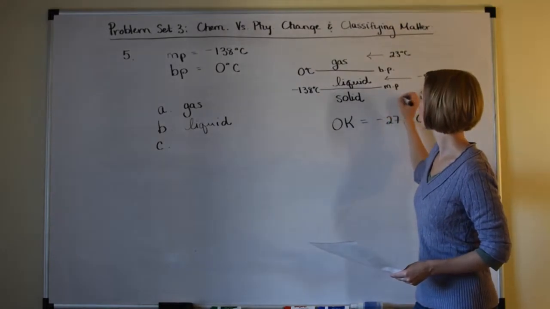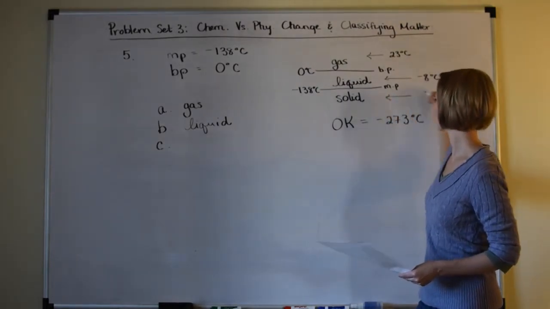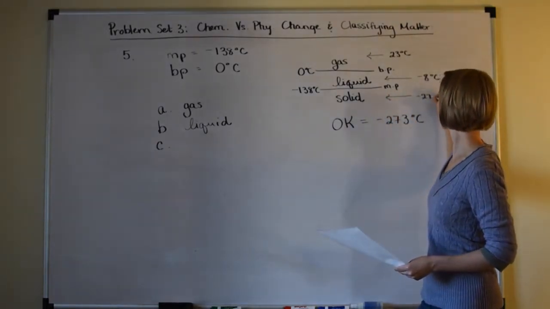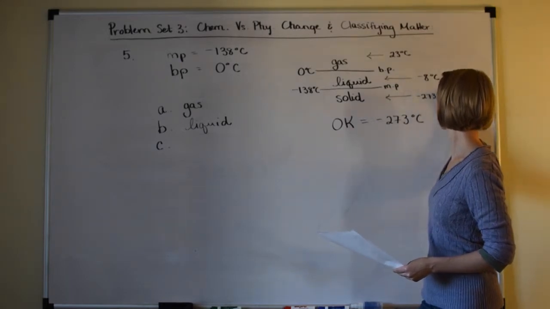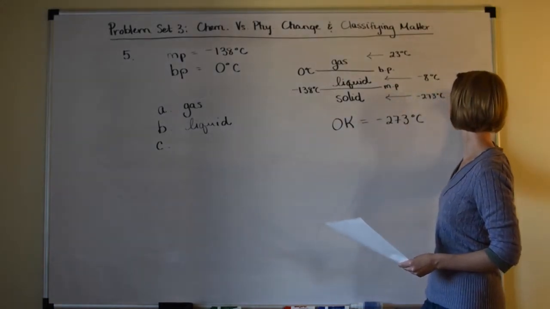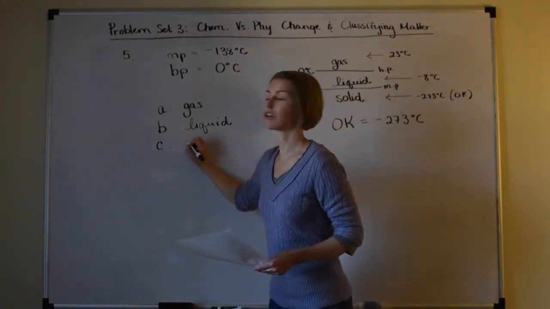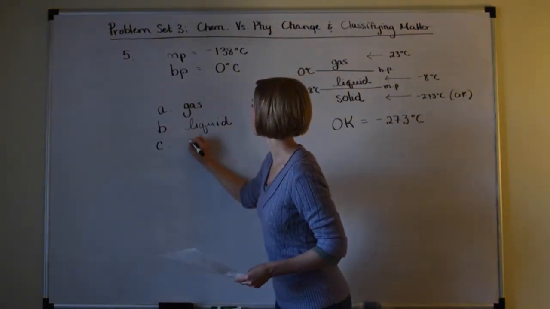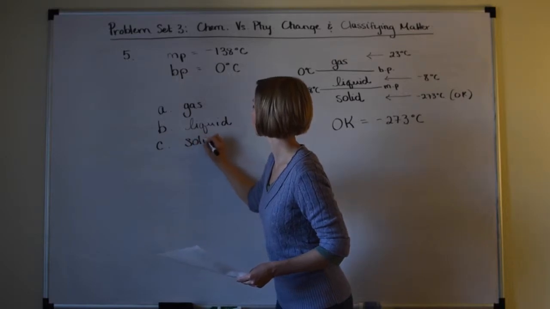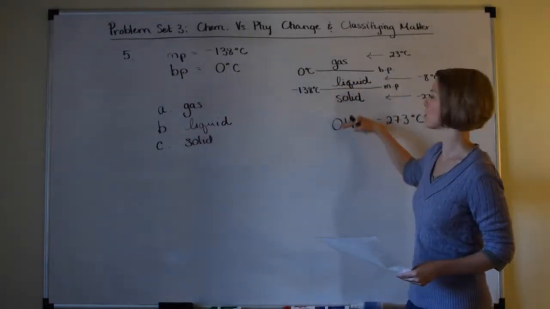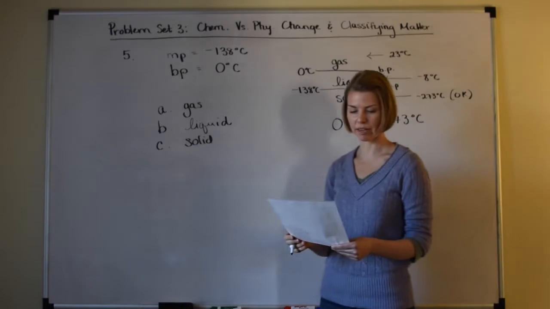So that would fall below the melting point, or 0 Kelvin, right, 0 K here. Which means that at that temperature, 0 Kelvin, butane would be a solid. Okay, below its melting point, so it would be in the solid state.